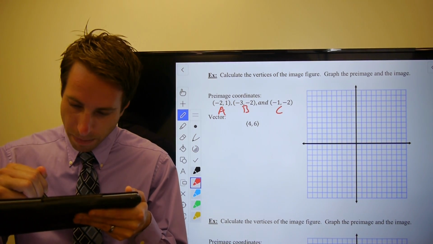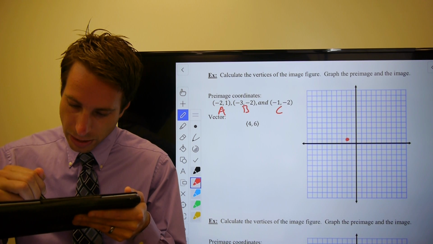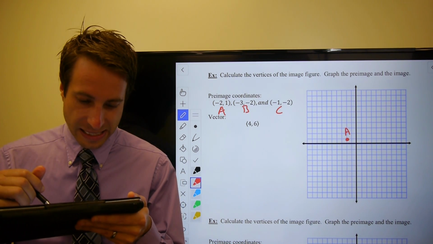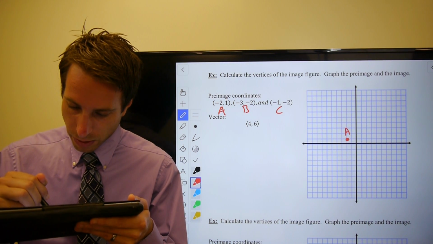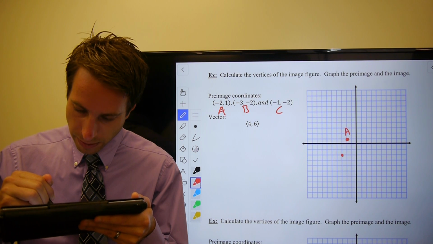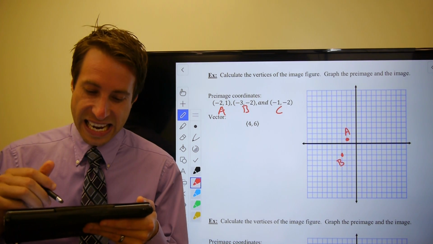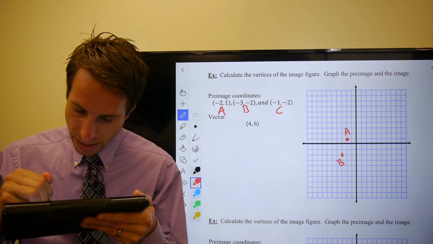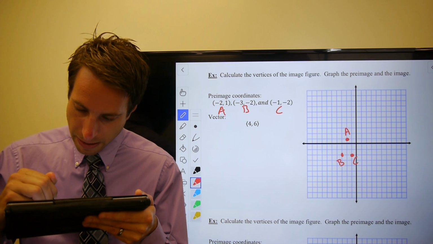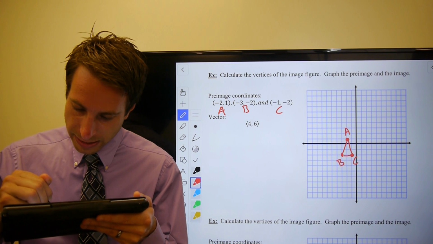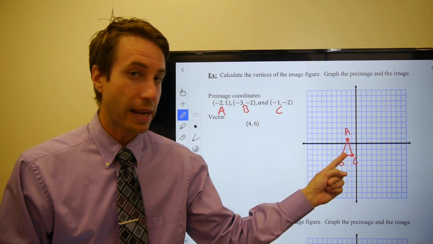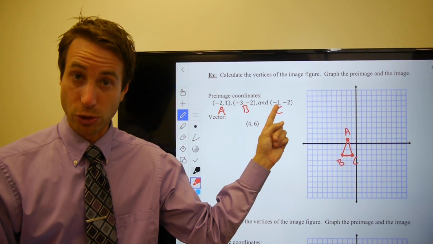B is going to be -3, -2. C is at -1, -2. There's C. My pre-image is that triangle right there, given to me by those coordinates.